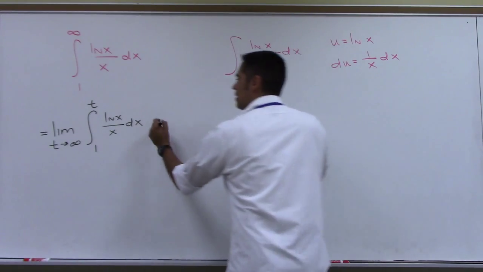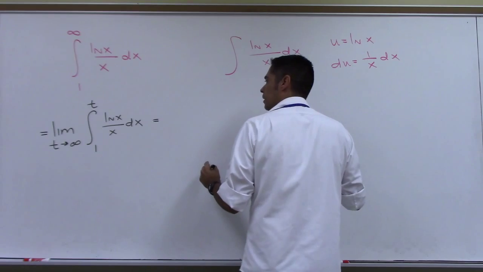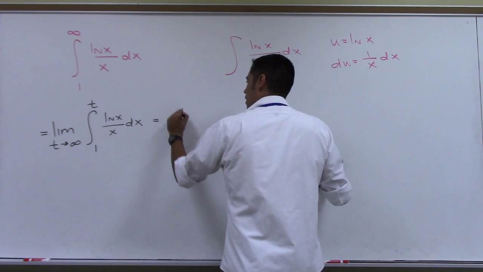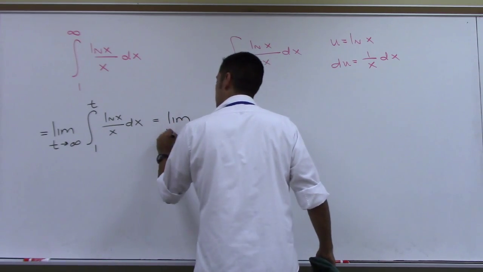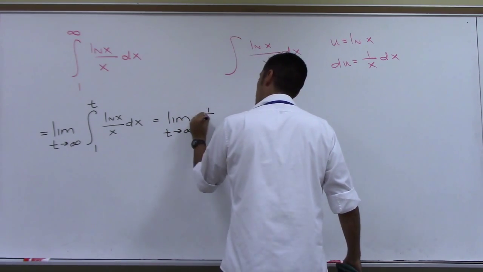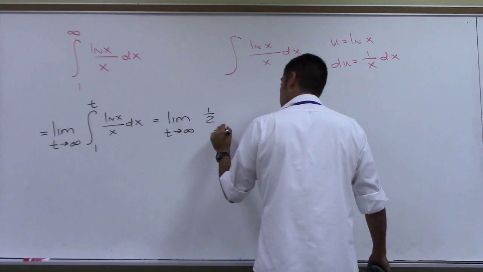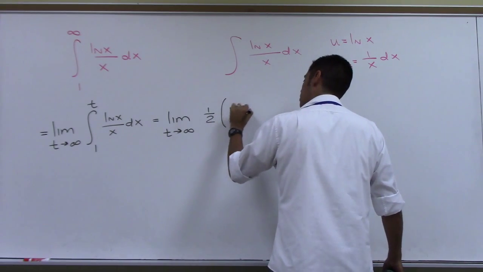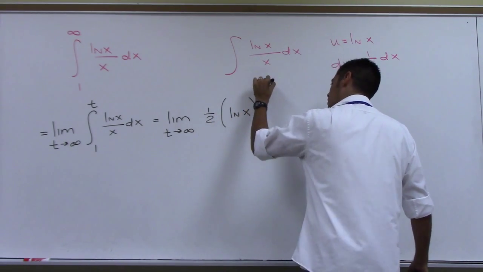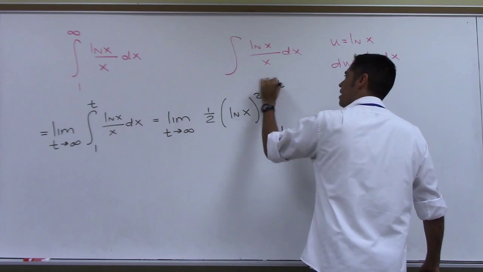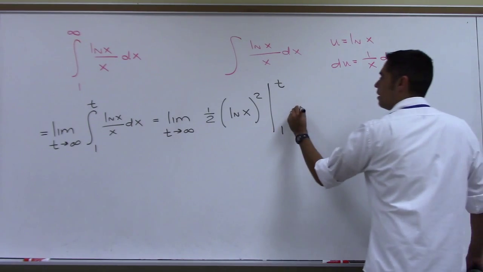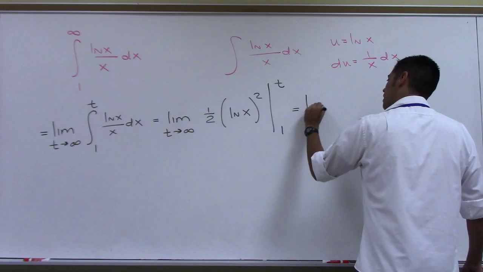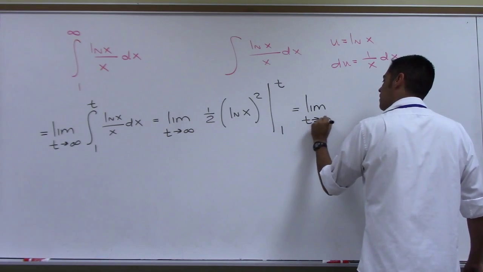And we just said that the antiderivative was 1/2. Oh, wait, I forgot my limit. Limit as t goes to infinity, 1/2 natural log x squared from 1 to t, like that. Oh, man, are you kidding me? All right, limit as t goes to infinity.